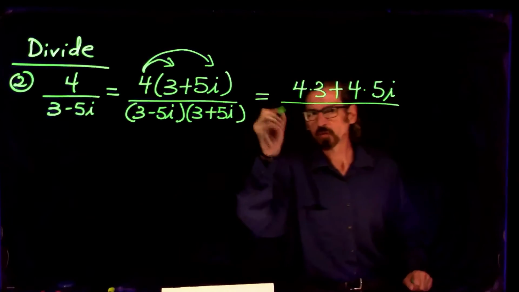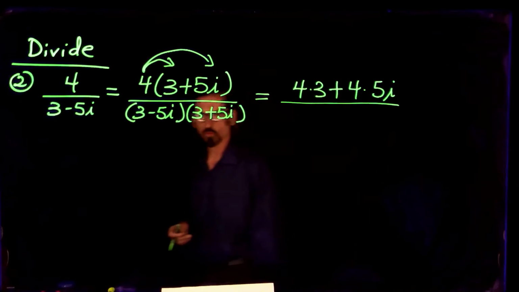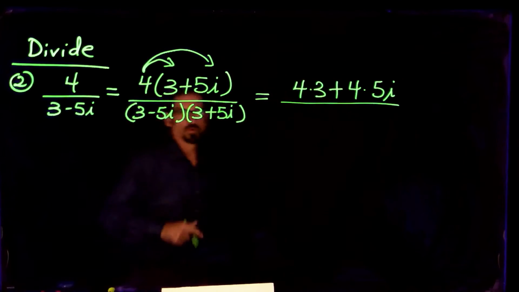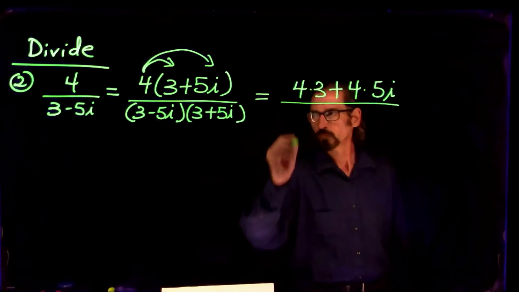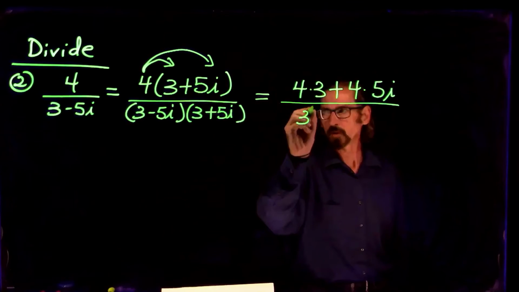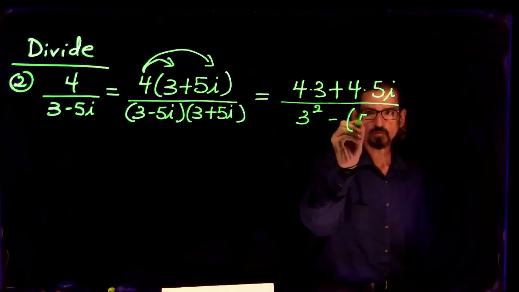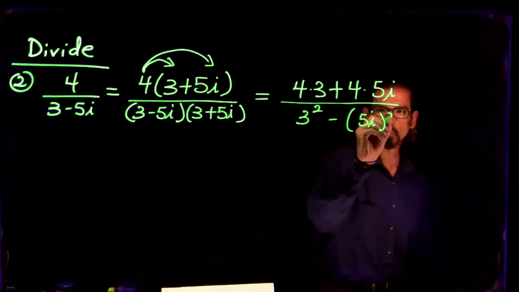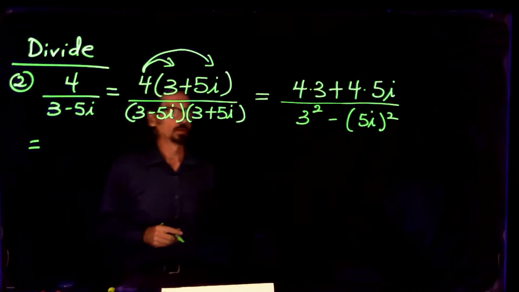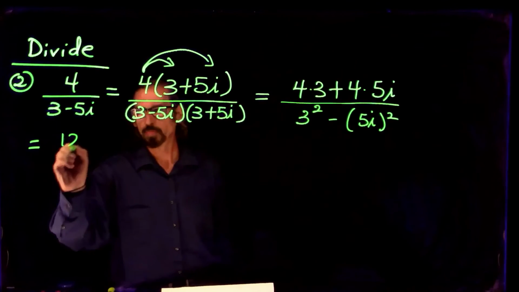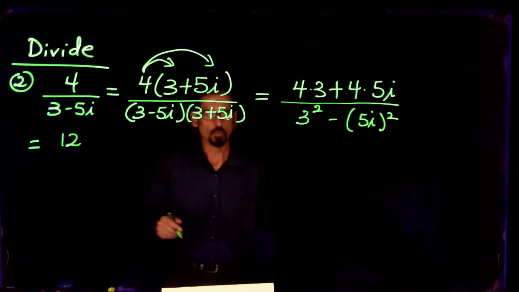And in the denominator, I'm going to use what I mentioned at the end of doing multiplication to make things go a little quicker. I'm going to use the difference of two squares. You could do FOIL instead and get the same thing. So in the denominator, I'm going to have 3 squared minus all of 5i squared. 4 times 3 is 12. 4 times 5 is 20.